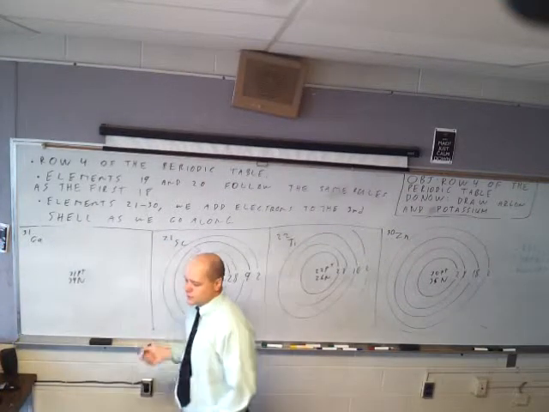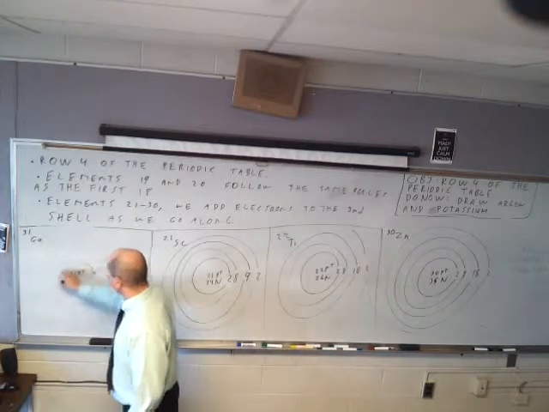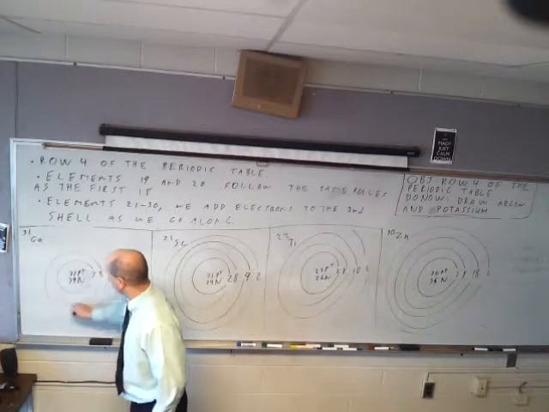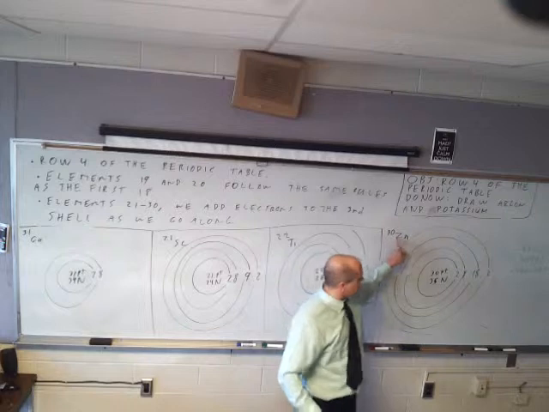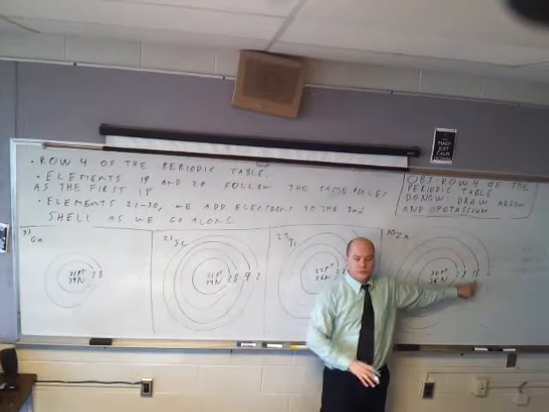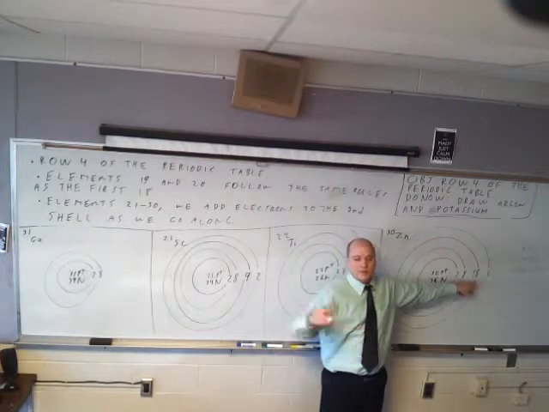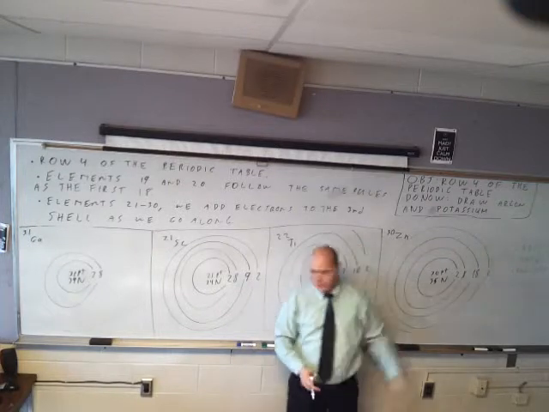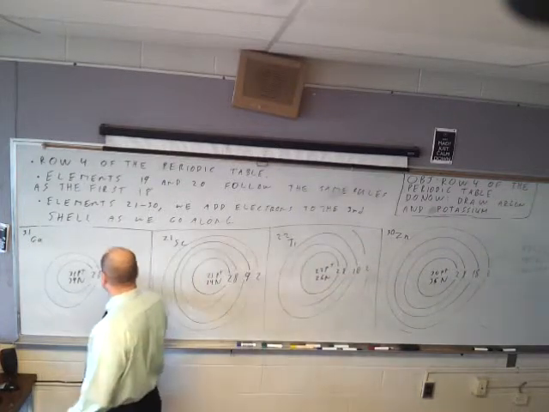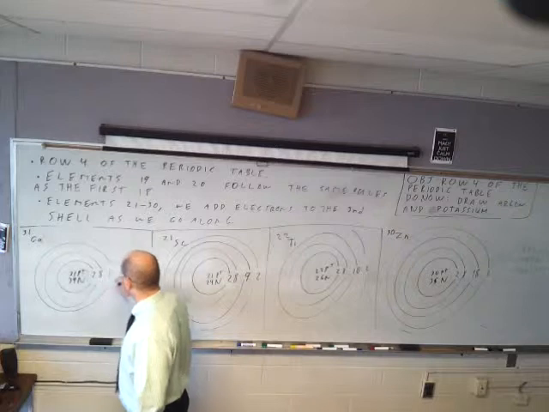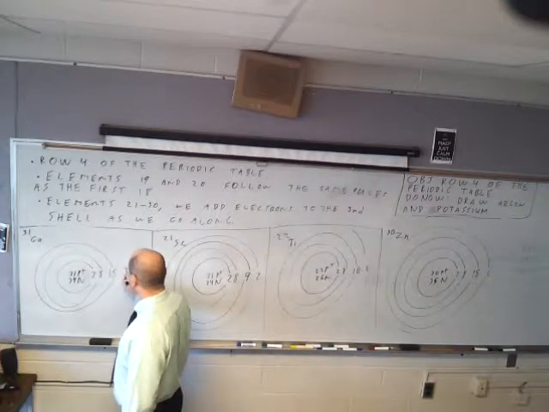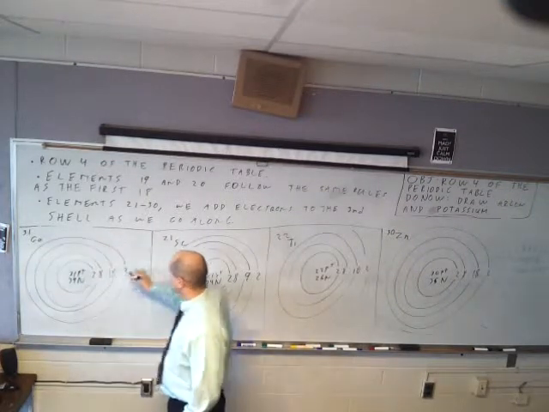Okay, so we're going to have 2 electrons in the first shell, 8 electrons in the 2nd. So the 3rd shell is full. From here on, any higher numbers, the 3rd shell will never go any higher. 18 is the maximum. So it's 18. And then the extra electron now is going to go in the outer shell, so we'll get 3 in the 4th shell.